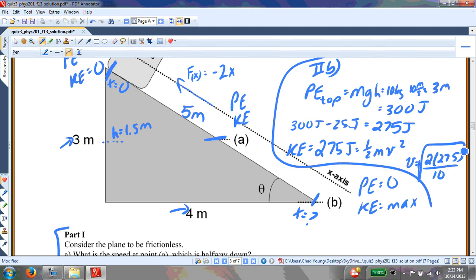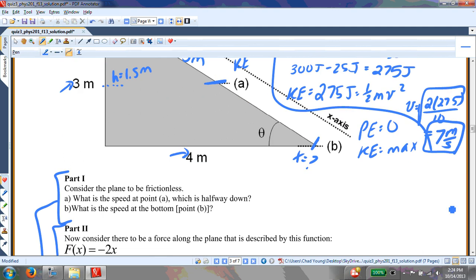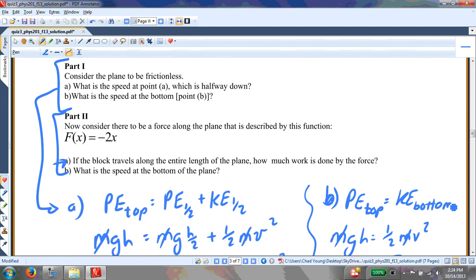That's the root of 55, which is 7.4, or we'll call that 7 meters per second. All right, you might have gotten a slightly different answer depending upon how you rounded, but somewhere 7 to 7.4, maybe you might have even gotten up to 8. So 7 meters per second. All right, so that was part 2b, where you had to find the work done by this positionally dependent force, Fx equals negative 2x.